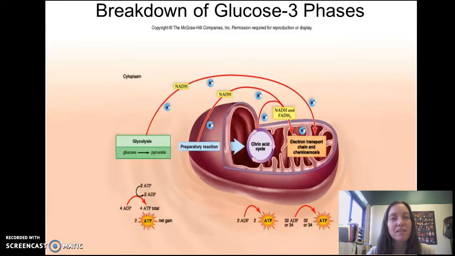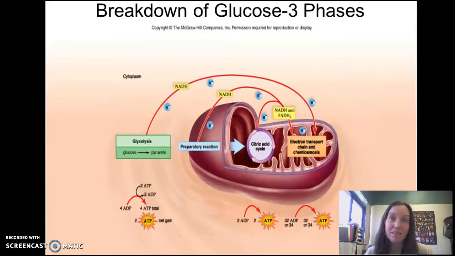The electrons in this slide are the little E's that are blue, those little spheres. All the electrons and hydrogens end up going to the electron transport chain. And in the electron transport chain, the energy from the electrons gets harvested. So energy tallies are shown at the bottom of this slide with ATP. In the first step, 2 ATPs are produced.